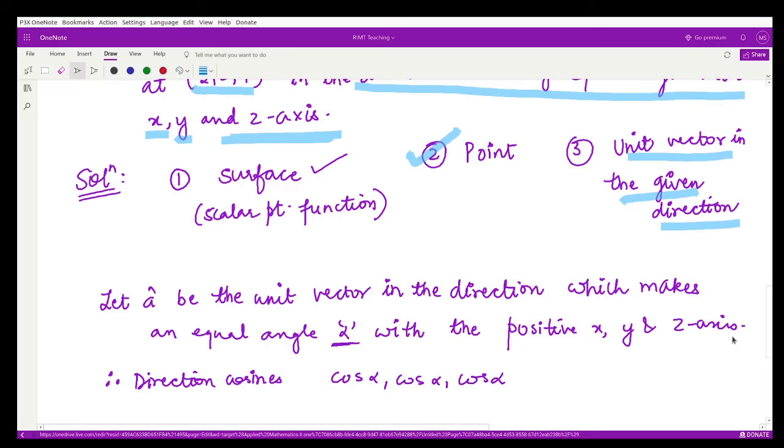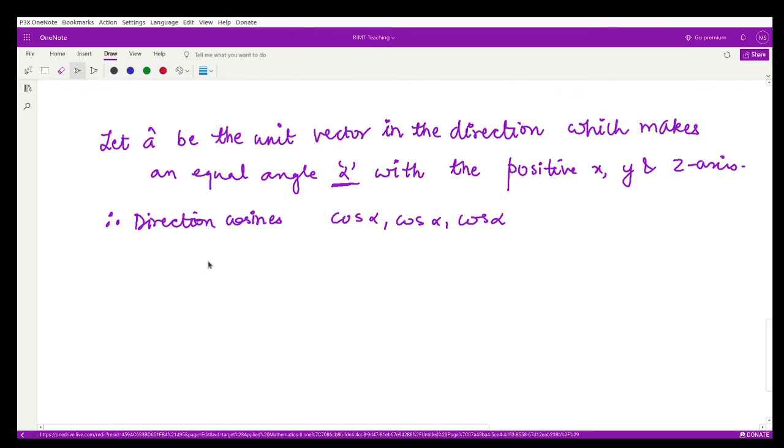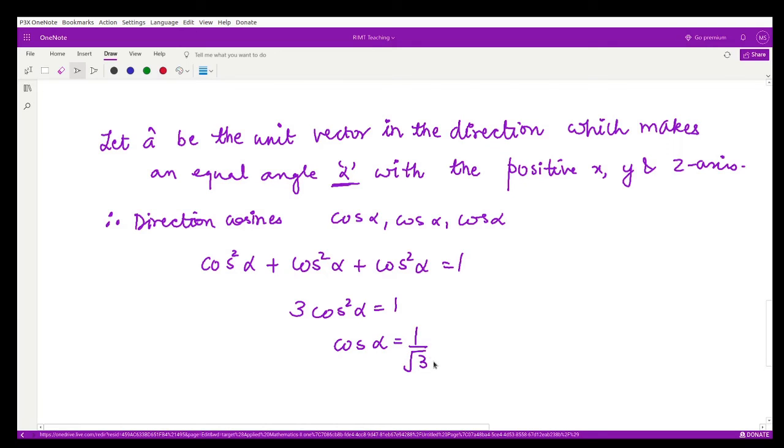So if the direction cosines are these, and you know the sum of squares of all the direction cosines is equal to 1. So you have cos square alpha plus cos square alpha plus cos square alpha equal to 1. So you could write 3 cos square alpha equal to 1. From here you can obtain cos alpha as equal to 1 by square root 3. From here you obtain the value of alpha, which is cos inverse of 1 by square root 3.